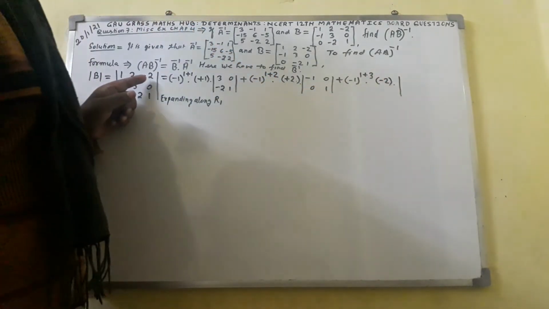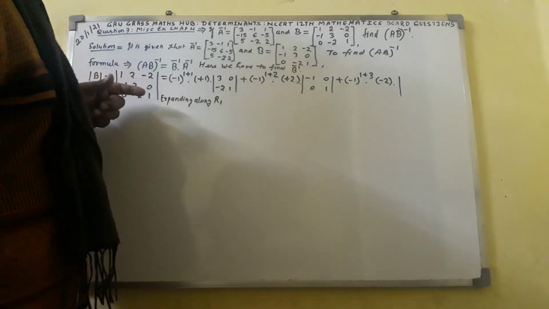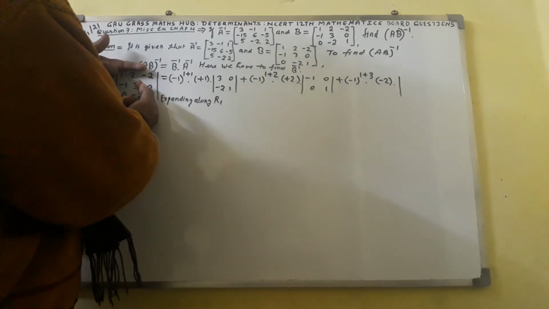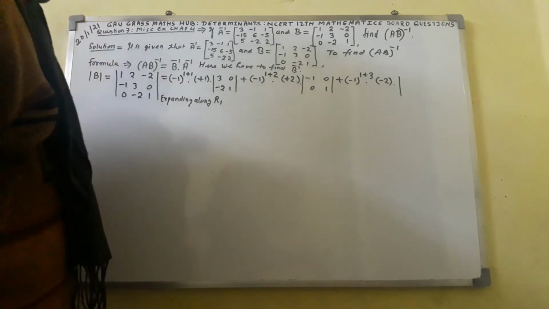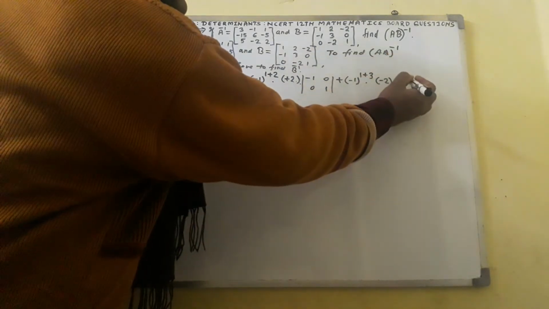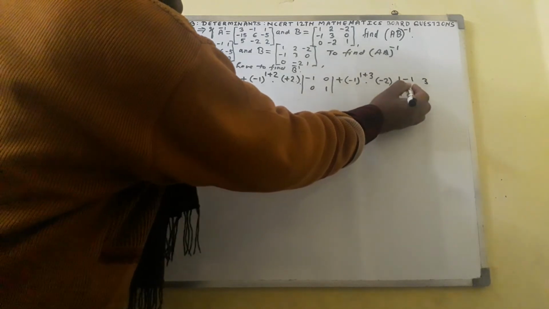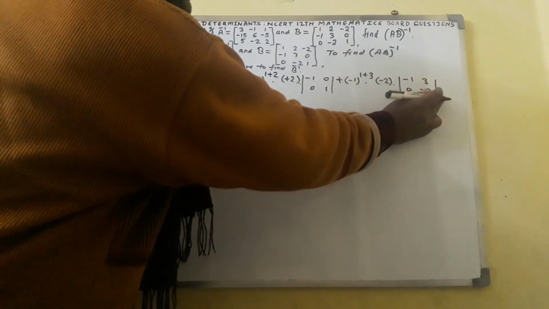Now I shall get the minor matrix of element -2. -2 is in first row and third column. The first row and third column will be hidden. You will get the minor matrix of element -2 as -1, 3, 0, -2.